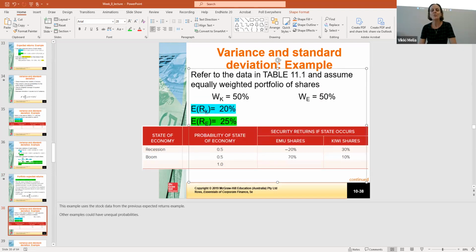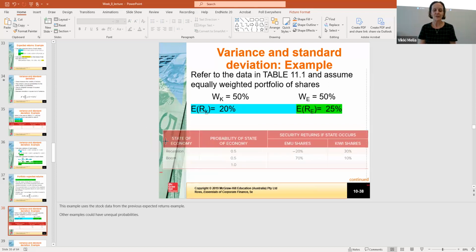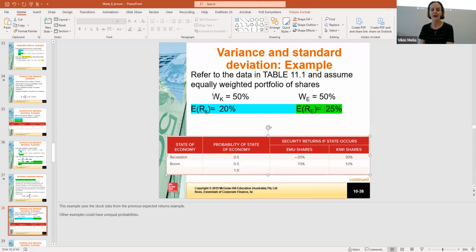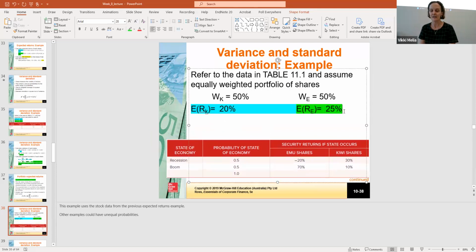So we've got the weight, we've got 50% of our money invested in Kiwi, and we know the expected return from Kiwi. We've got 50% of our money invested in EMU, and we know the expected return from EMU. So to work out the expected return from our portfolio, all we have to do is multiply the weight by the expected return and add them together. So I'm going to do that here.